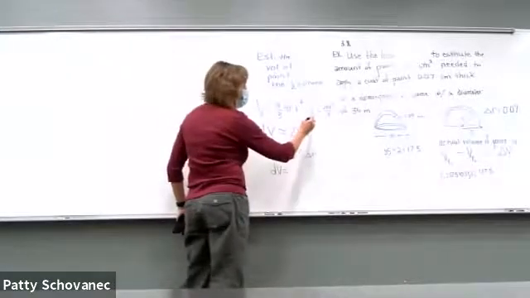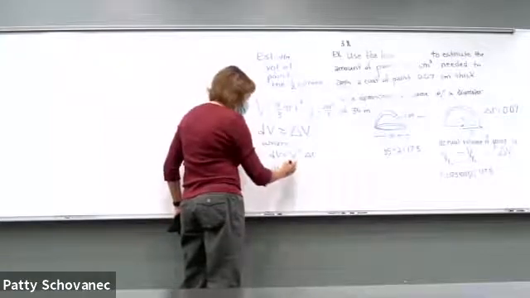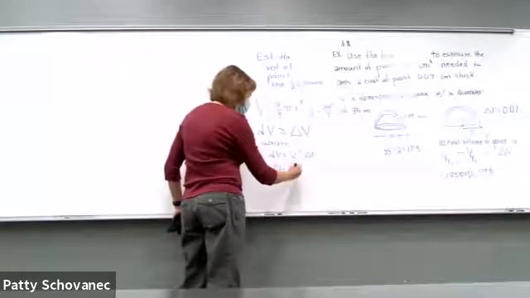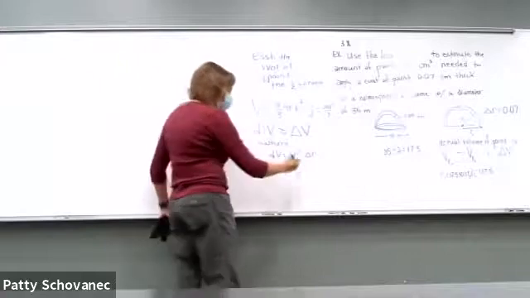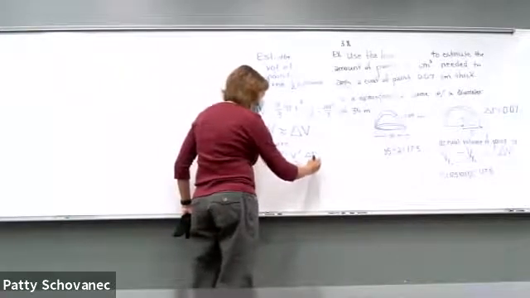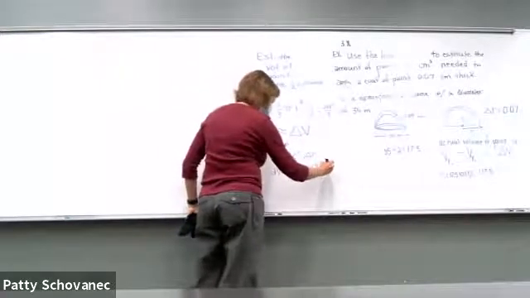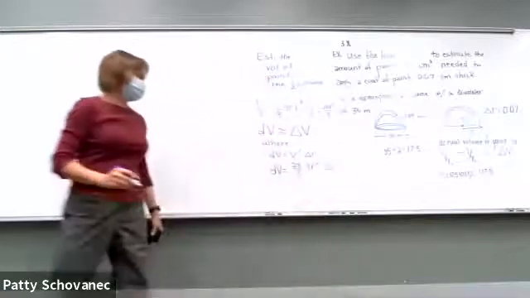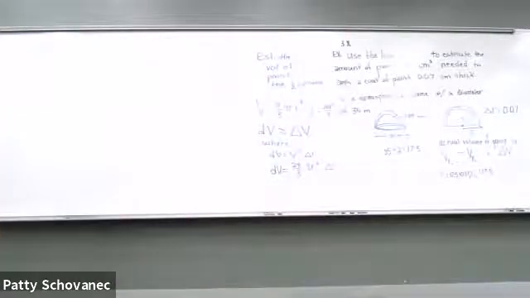Pull out the 2 pi over 3. The derivative of r cubed is 3r squared, multiplied by delta r. I cancel the 3's. For r, I'm going to use the nicer of the two radii, before I add the 0.07, so 17.5, and delta r is 0.07.